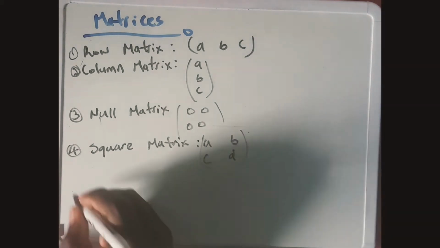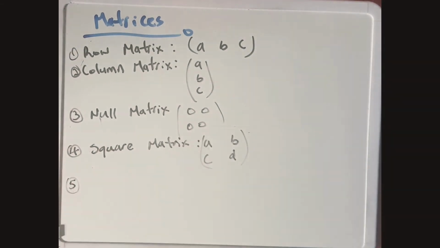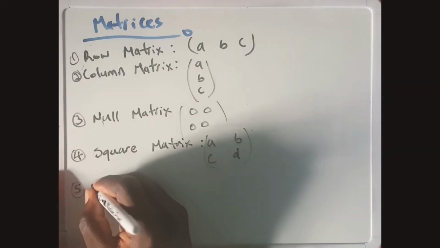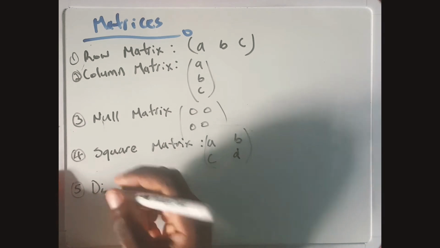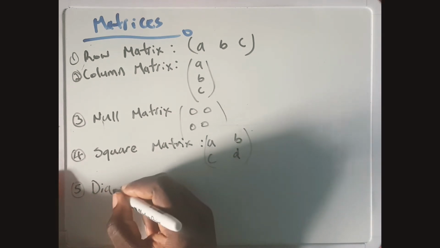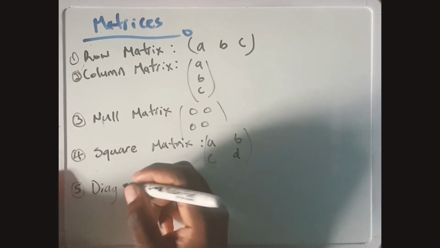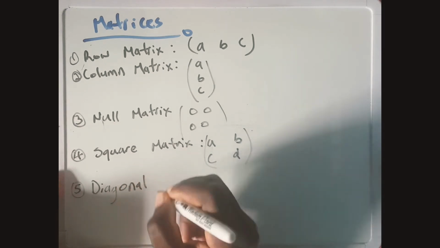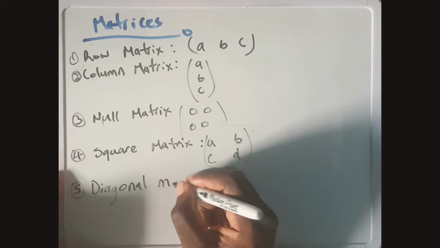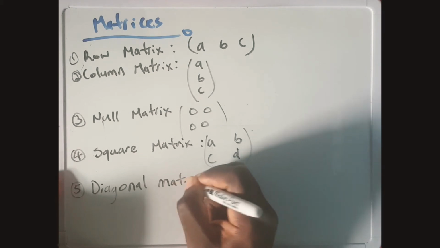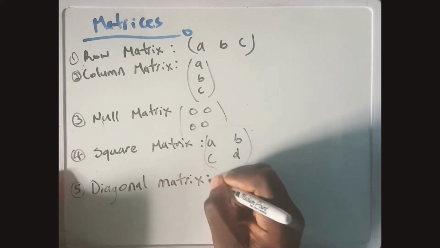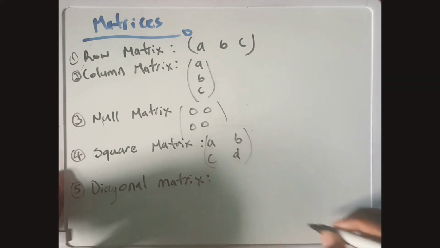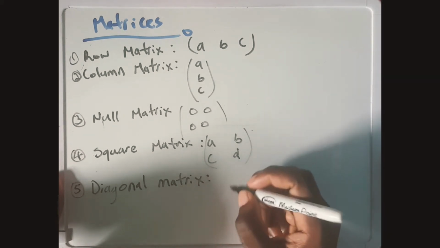Now to the fifth one, I still have to erase. The fifth one is a diagonal matrix, and as its name states, it has some diagonal values. The elements that are not null are on what we call the leading diagonal, and the leading diagonal is the first element, then you go diagonally down to the last.